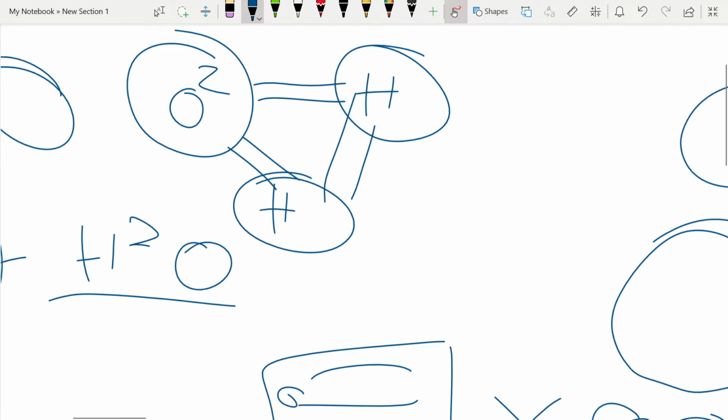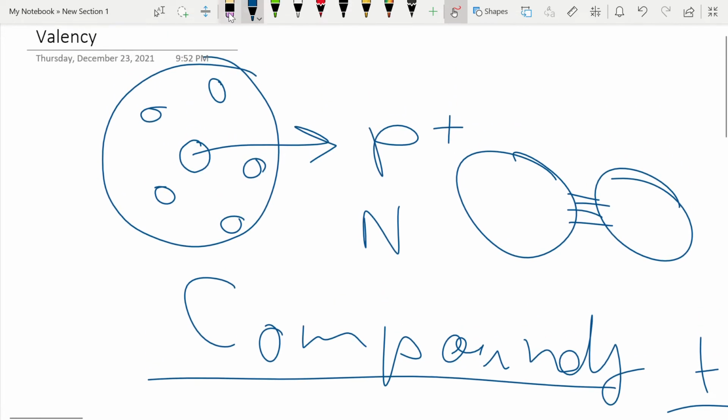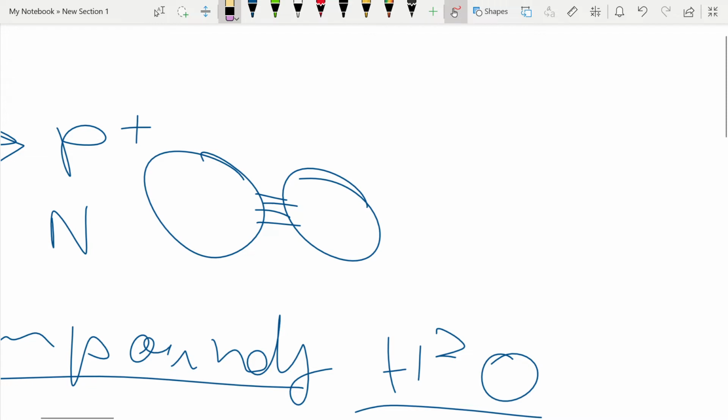H2O is basically water, nothing too fancy in that. So let's see how these atoms bond to each other and actually form these compounds.